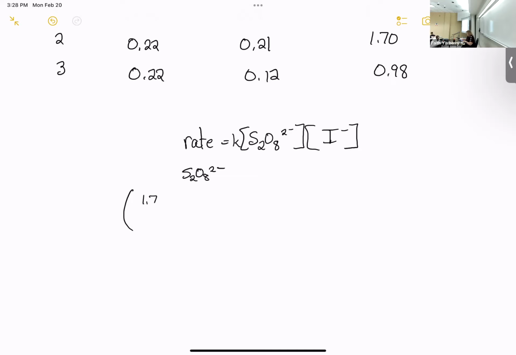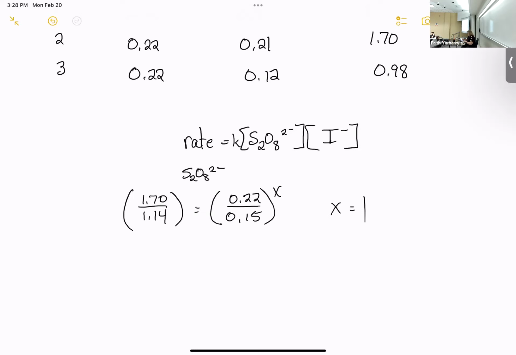I did 1.70 over 1.14 is equal to 0.22 over 0.15 raised to the x. When you solve for x, you get a number a little bit over 1, but it rounds to essentially 1.